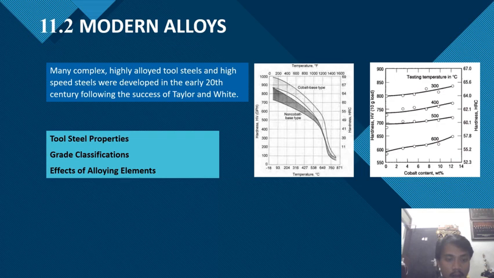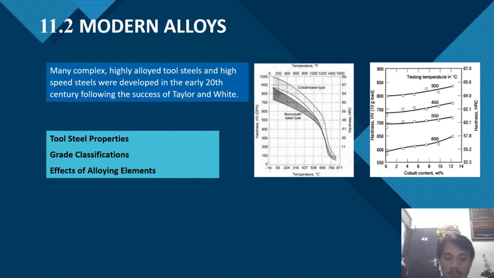In the effect of alloying elements, the T-series alloy contains 12 to 20% W with chromium, vanadium, and cobalt as the other major alloying elements. The M series contains approximately 3.5 to 10.5% molybdenum with chromium, vanadium, tungsten, and cobalt as the other main alloying elements.